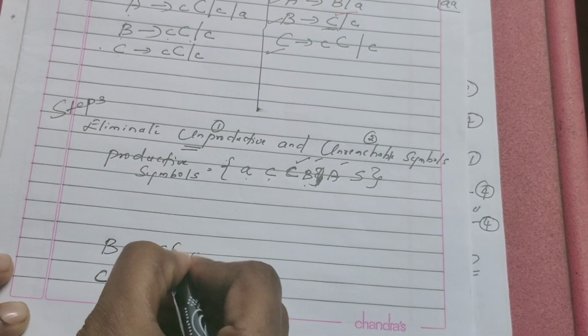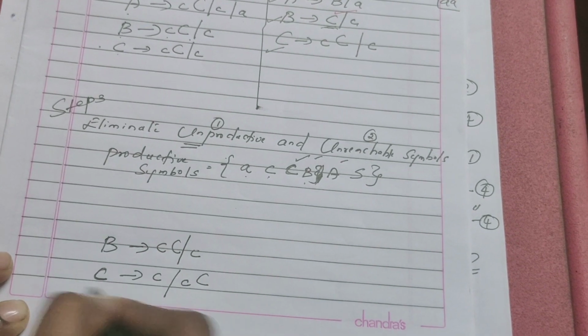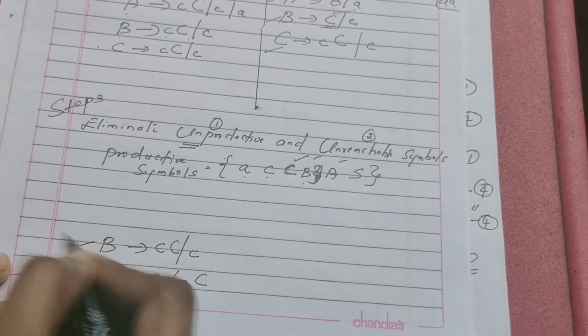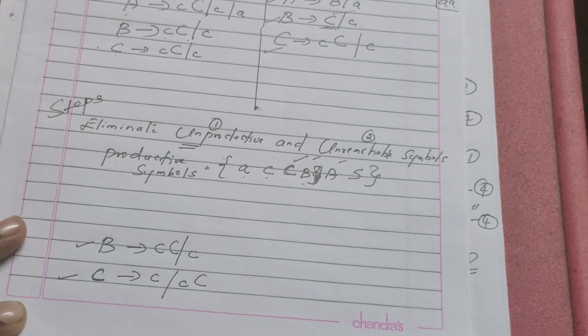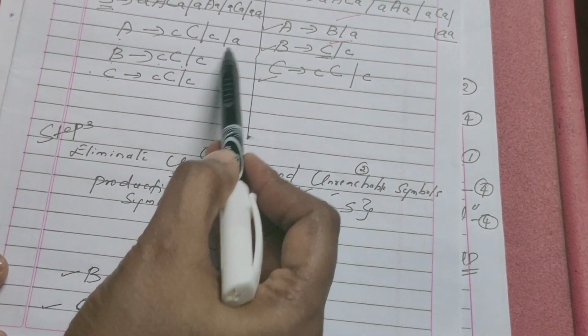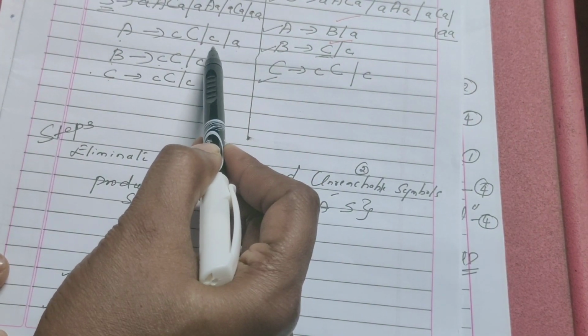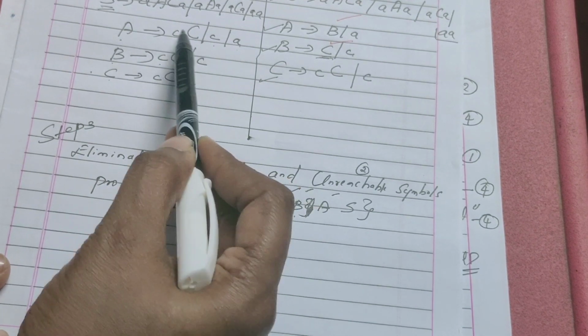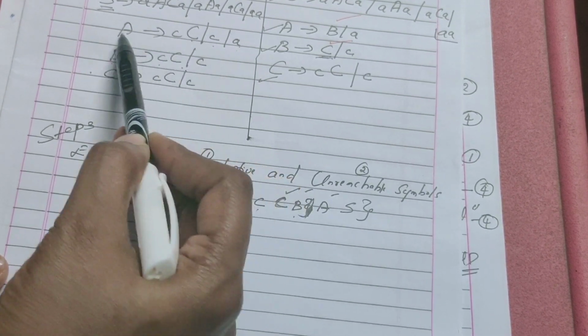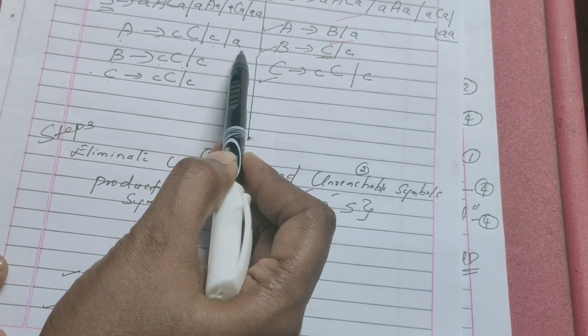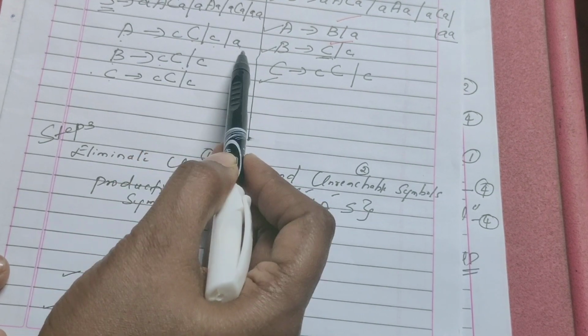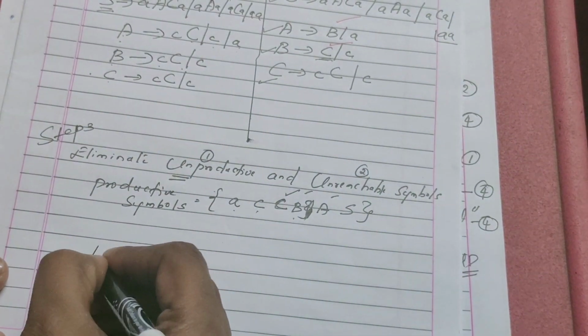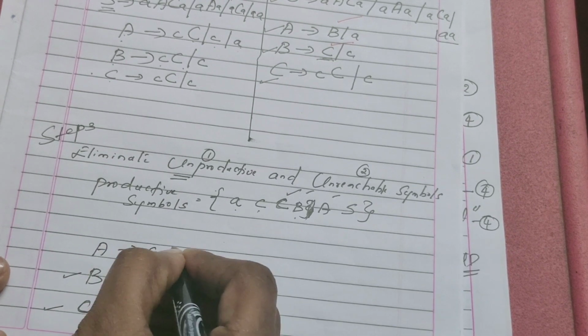And by the way, the CC also, because we have already known from this rule. I'm just including the production rules one by one. Now come to the A production rule. This A is productive, C is productive, and this variable C is also productive. Since A contains completely on the right hand side the sequence of productive symbols, include this rule also.